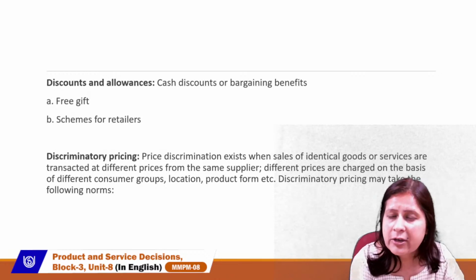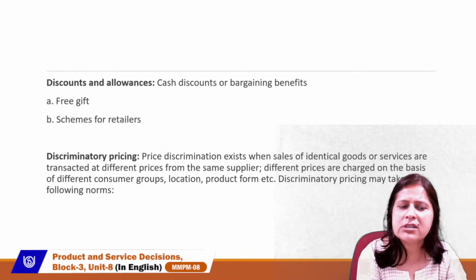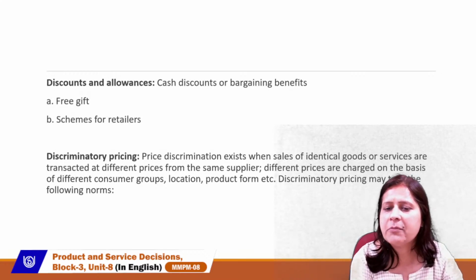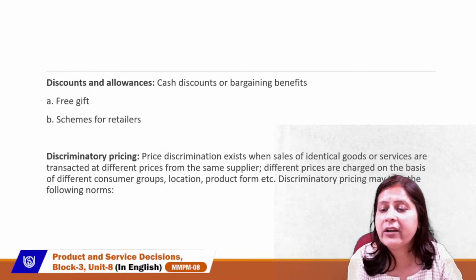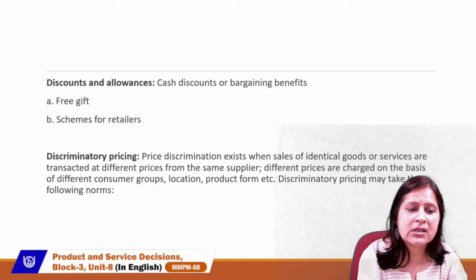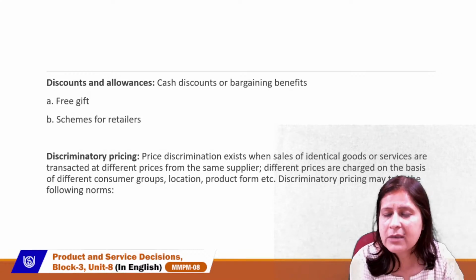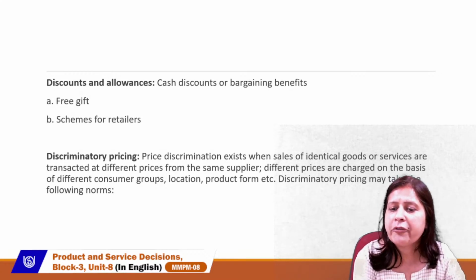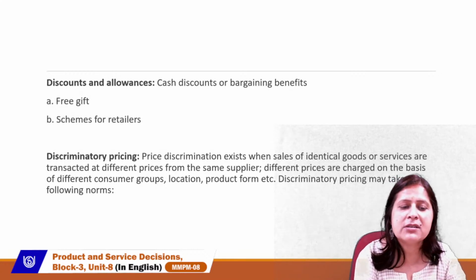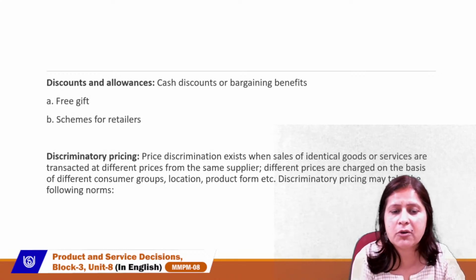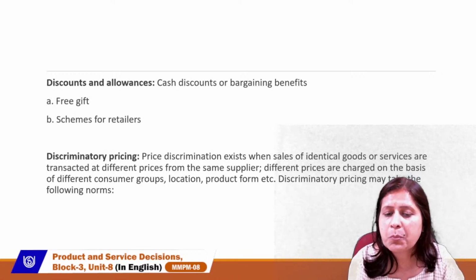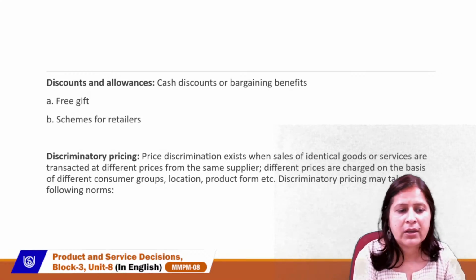Then another strategy is discriminatory pricing. Price discrimination exists when sales of identical goods or services are transacted at different prices from the same supplier, or different prices are charged on the basis of different consumer groups, locations, product form, etc, right?